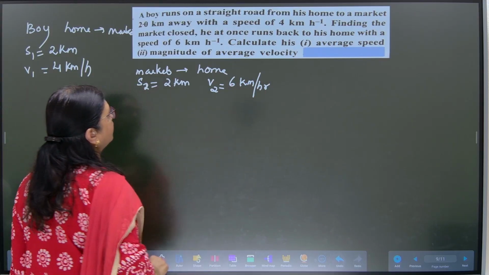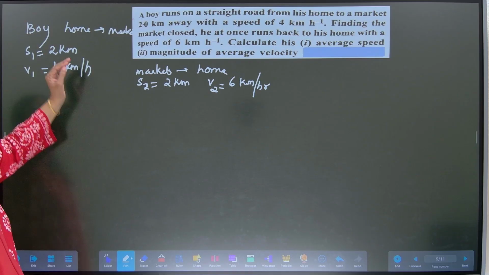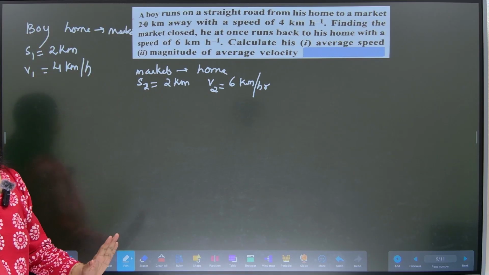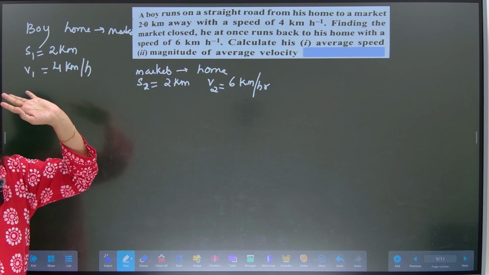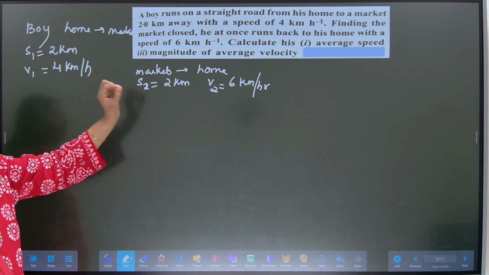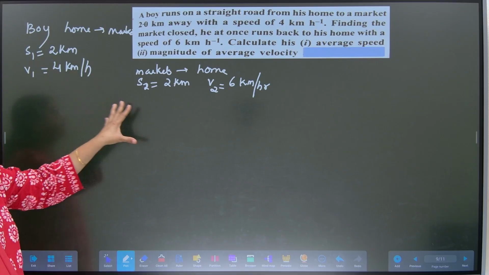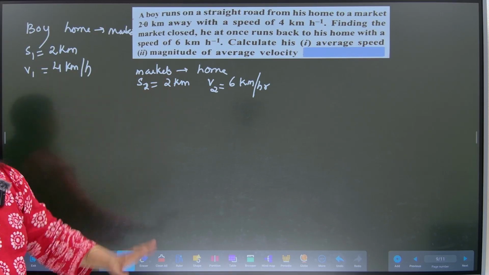This much data is given to us. Is there any conversion? No. Kilometer, hour, hour, followed, there is no conversion. So, now let us go to the question. Question: calculate his average speed.